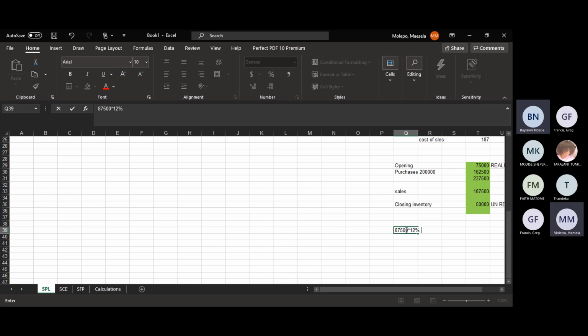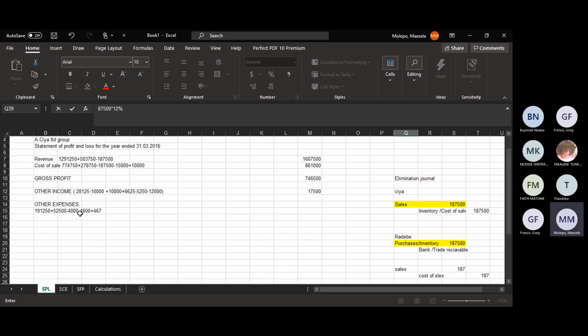So 87,500 multiplied by 12% is 10,500. So we less the 10,500 here.